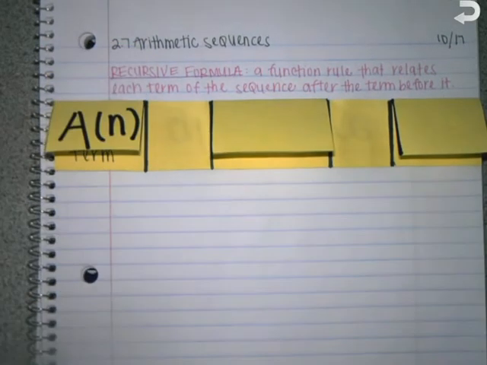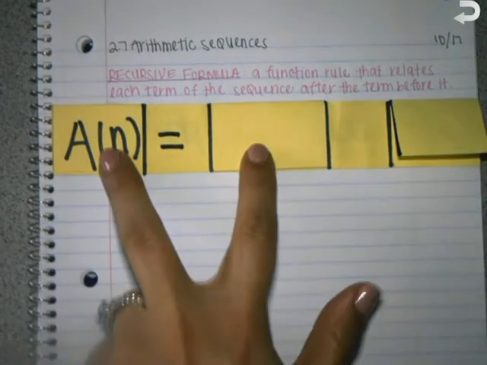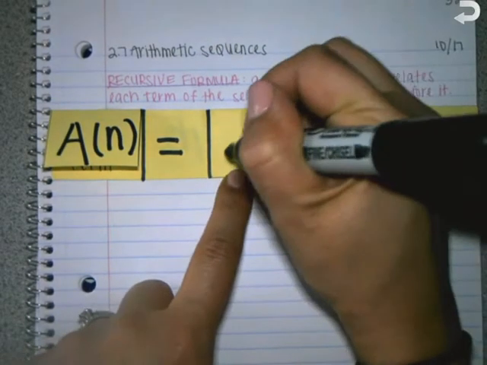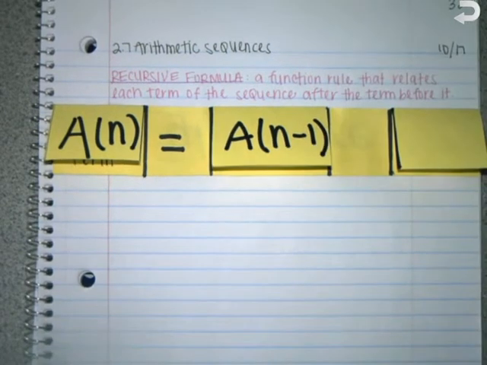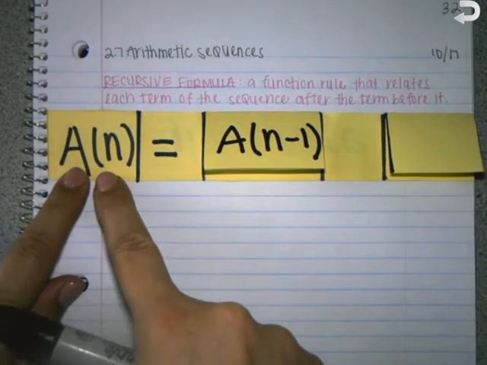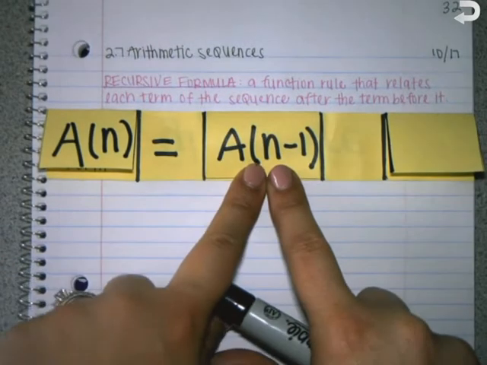That's A of n equals A of n minus 1. So let's think about what this might mean. If A of n is the current term that I'm looking for, what do you think A of n minus 1 would be?